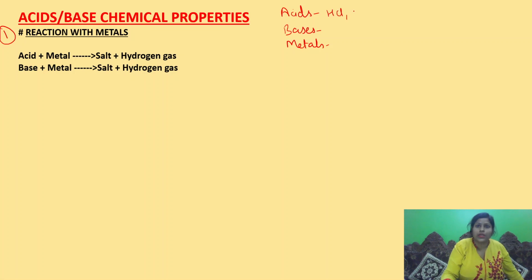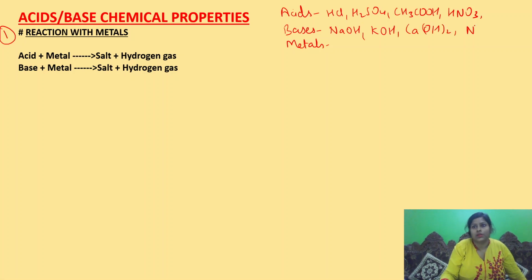You know, hydrochloric acid, sulfuric acid, acetic acid, nitric acid. These are all acids. Now write the name of bases like sodium hydroxide, potassium hydroxide, calcium hydroxide, ammonium hydroxide, right?